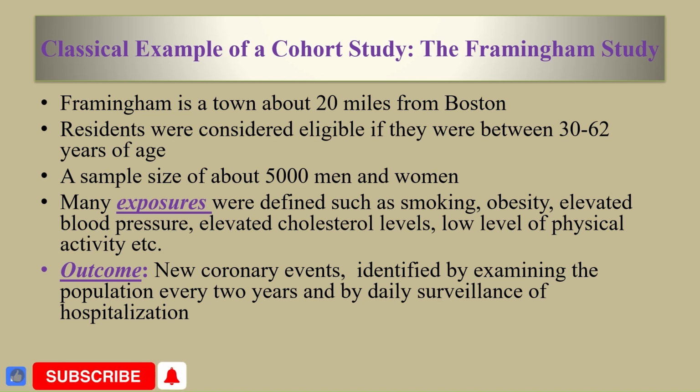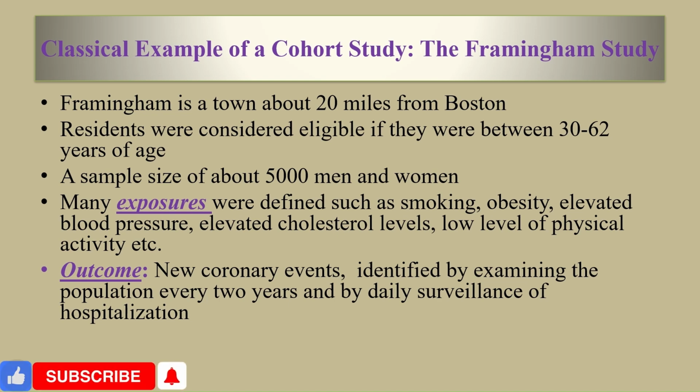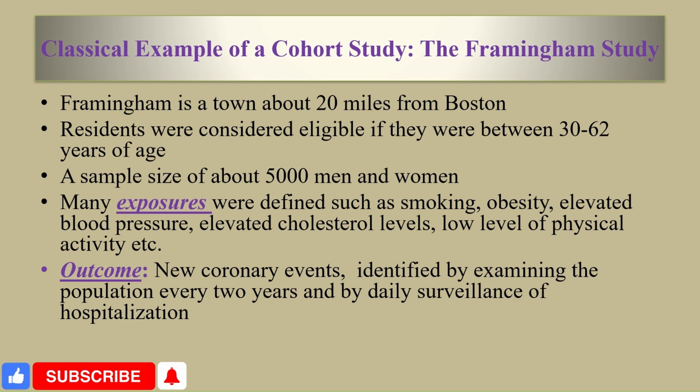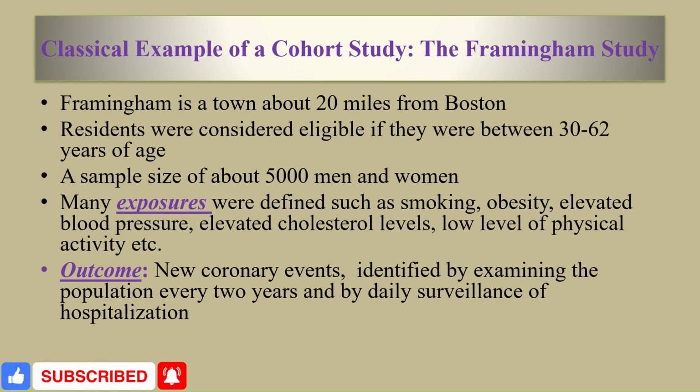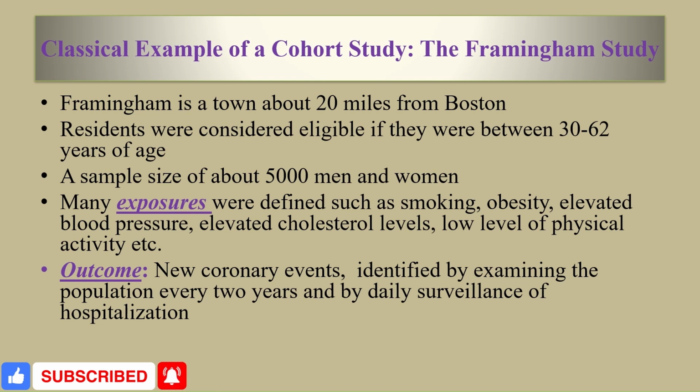Many exposures were defined, such as smoking, obesity, elevated blood pressure, elevated cholesterol level, level of physical activity, etc. Outcome: new coronary event identified by examining the population every 2 years and by daily surveillance of hospitalization.